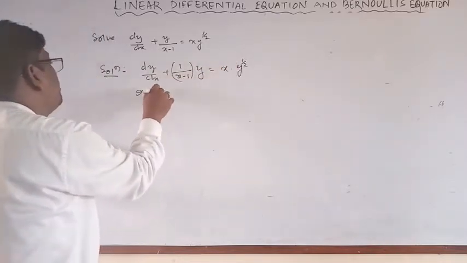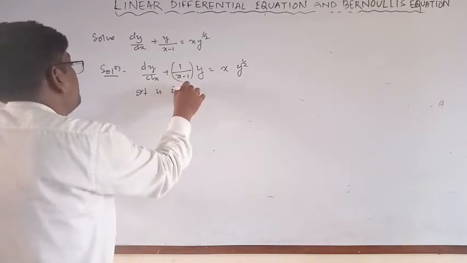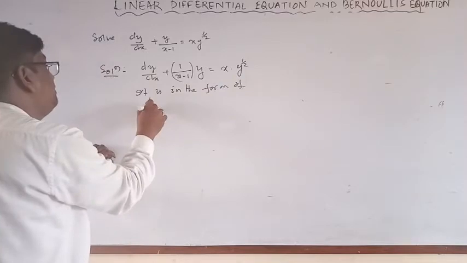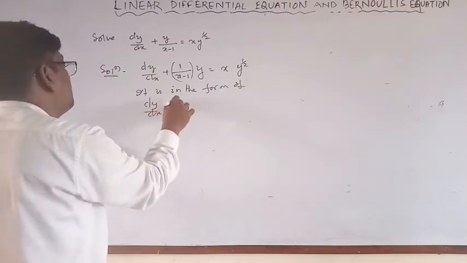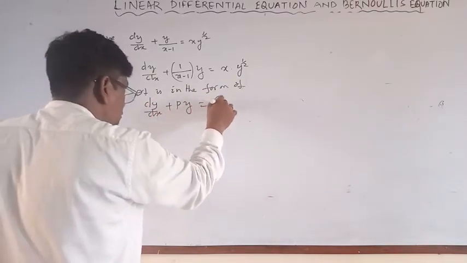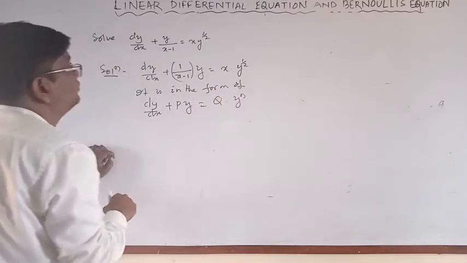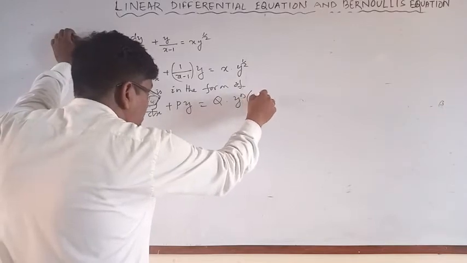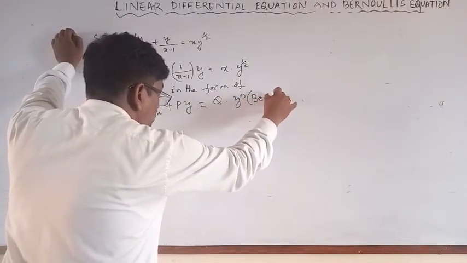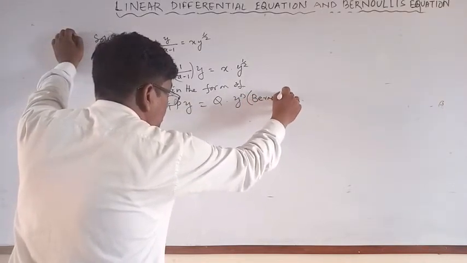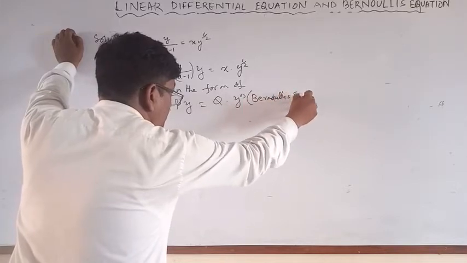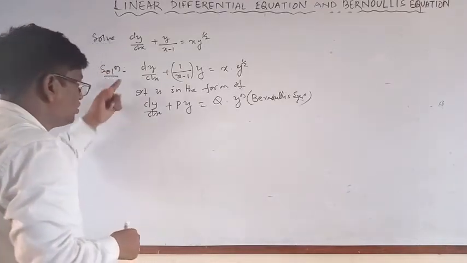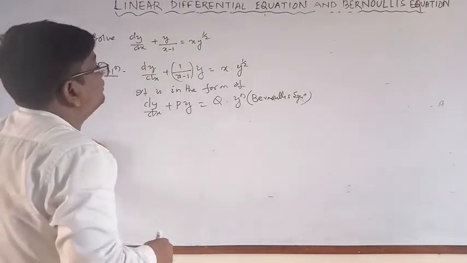It is in the form of dy by dx plus py is equal to q into y to the power n. So this is Bernoulli's equation. You have to reduce it to linear form. It is not linear.